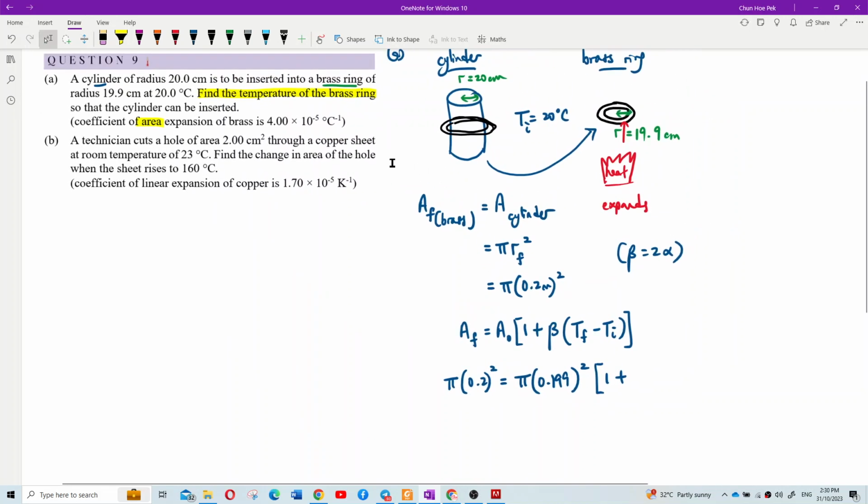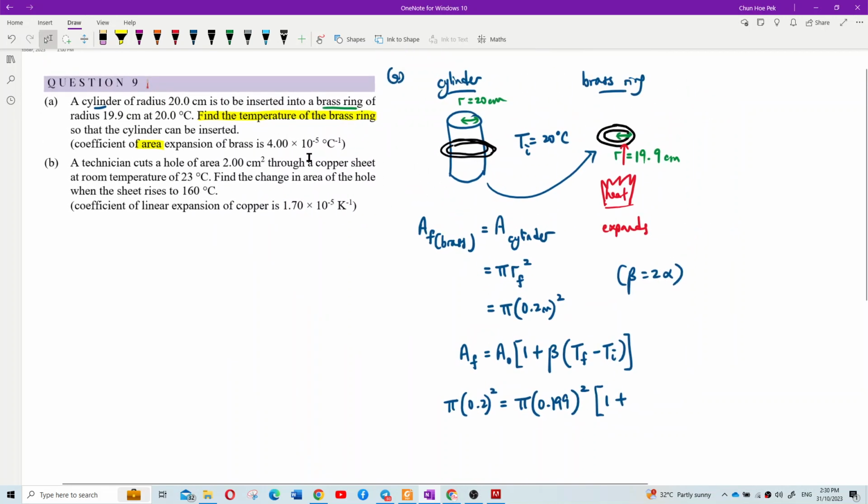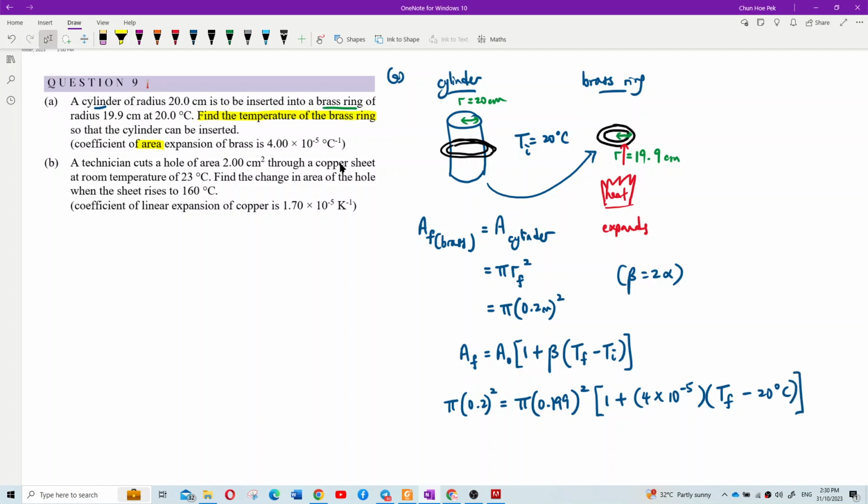Okay, so the coefficient is 4 exponent negative 5. And then T final, because I want to find the final temperature, isn't it, class? Minus the initial temperature, 20 degrees Celsius. You can maintain it in degrees Celsius, no need to change to Kelvin. This is the initial temperature. You see the pi over here, you can cancel the pi.